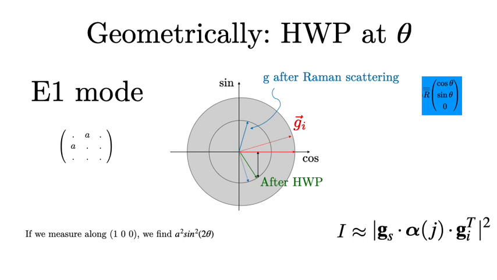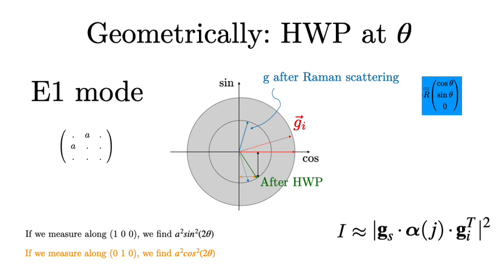So you already see it's a sine because it's the length of this black arrow, which is of course on the sine. We are going to see why it's 2 theta in a second. And if we measure along 0, 1, 0, we find the orange, the length of the orange, which is a cosine. It's the projection. The projection here is the definition of cosine.